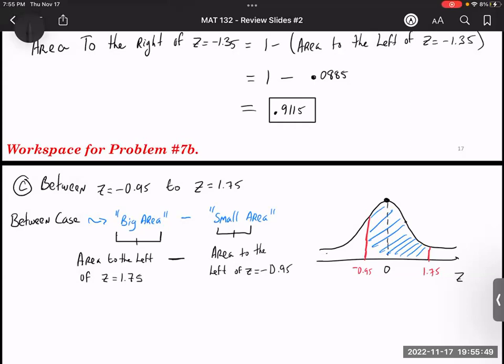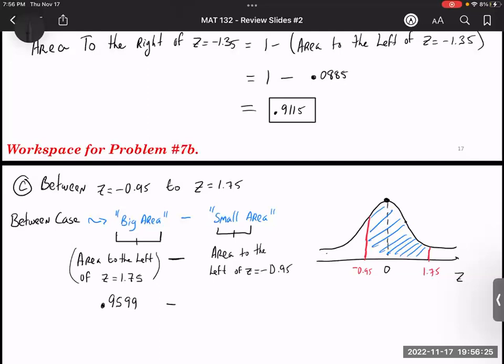Can you tell me what's the area to the left of z equals 1.75? 0.9599 minus area to the left of z equals negative 0.95. You would look at the negative side of your table. What would you get?